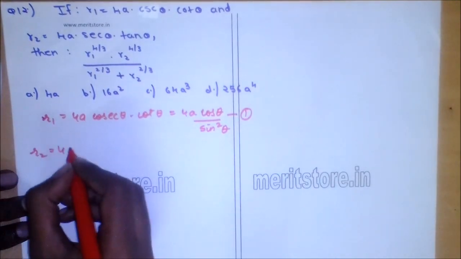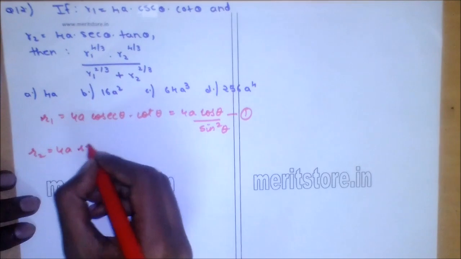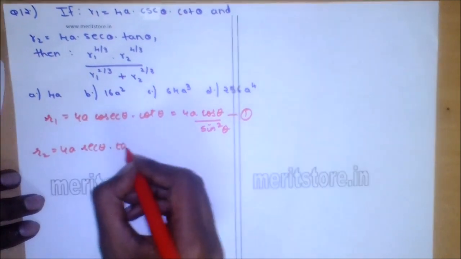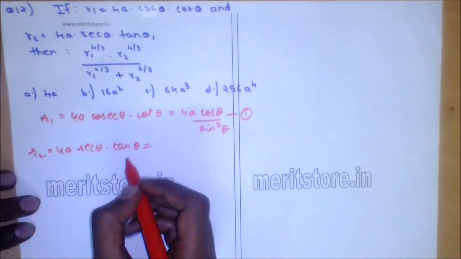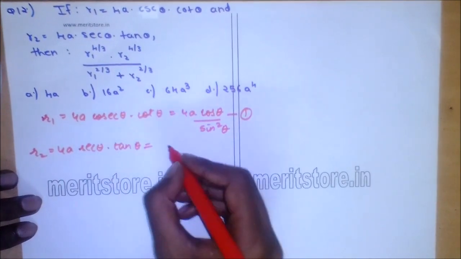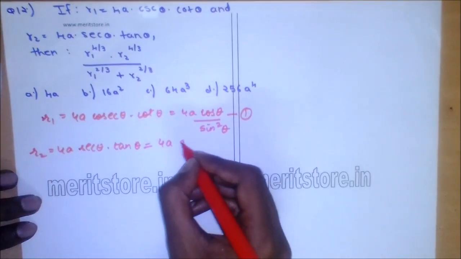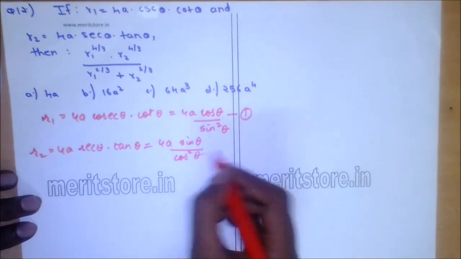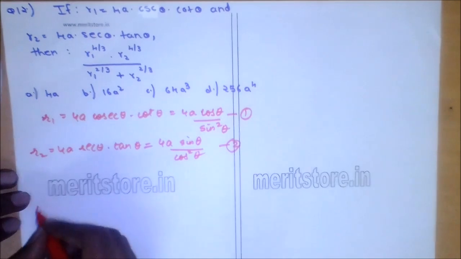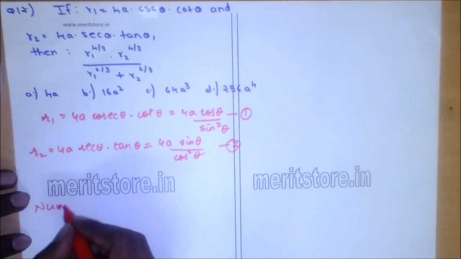R2 equals 4a sec theta tan theta. Tan theta is sine upon cos theta and sec theta is 1 upon cos theta. So we can write this as 4a sine theta upon cos square theta. Let this be equation 2. So first we find the numerator.